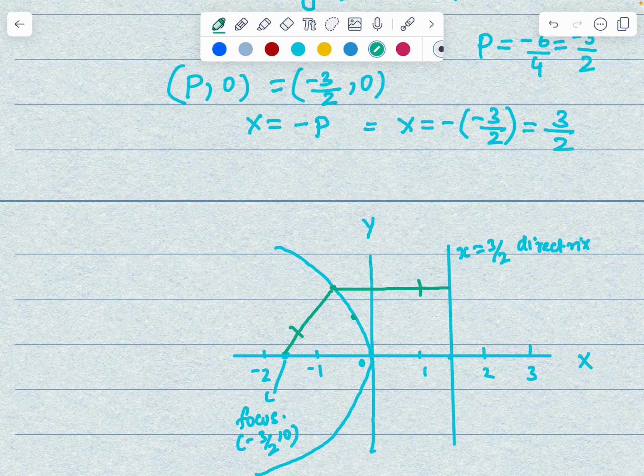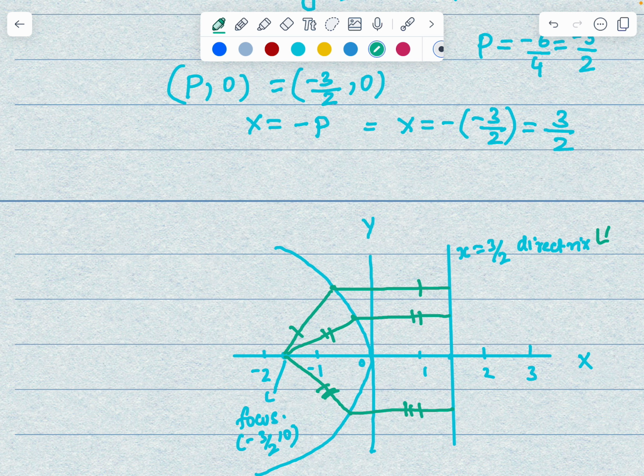If I take a point from here, this is the same length as this. Same length. All such points make up the parabola. So then this would be your parabola. You just draw this. I would actually show some of this, so then you're really very clear. You have labeled the directrix, you have labeled the focus, and you're showing that the parabola is all the points that are equidistant from these two. And boom, then you're done. Okay.